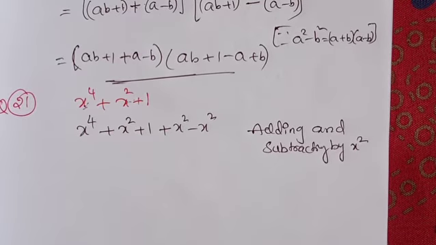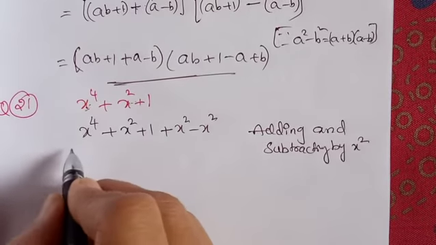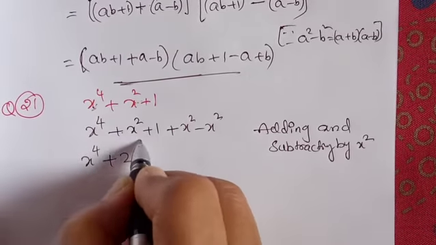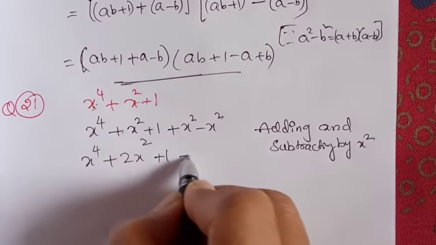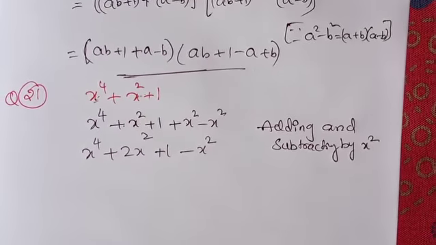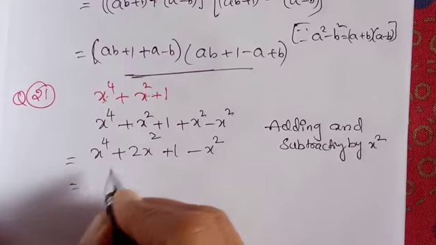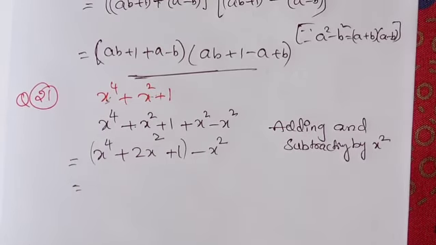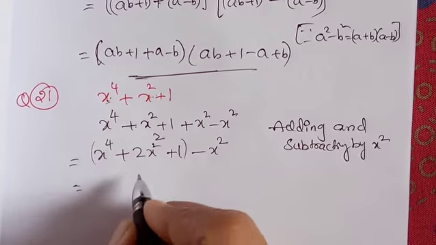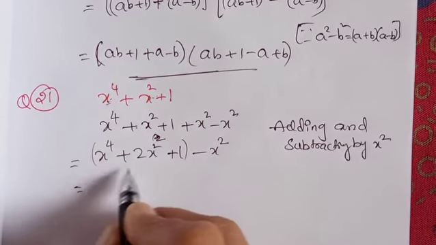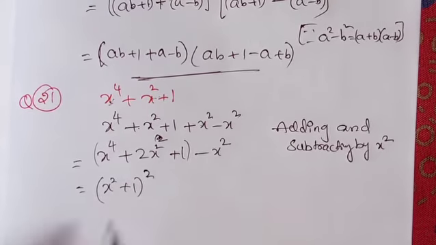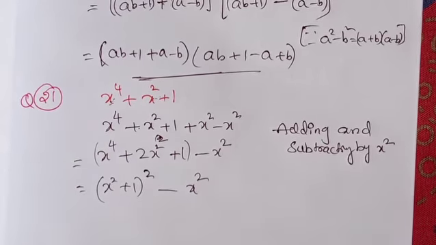Okay, children, so now again x to the power 4 plus 2x square plus 1 minus x square. Next, these 3 terms we can convert into a trinomial. So now x square plus 1 whole square minus x square.